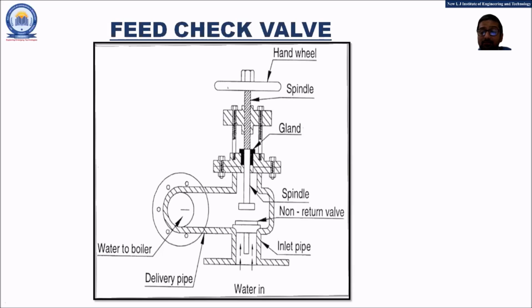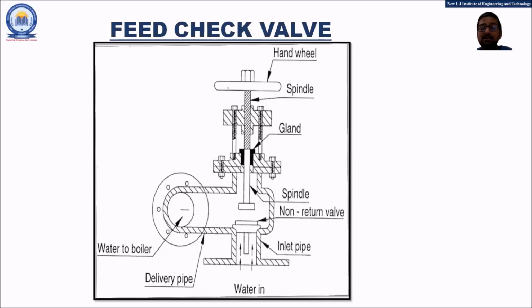The non-return valve is fitted in the inlet pipe, and on the non-return valve, the spindle supporting structure will be fitted. So the high pressurized water now cannot lift the non-return valve. Since the high pressurized water cannot lift the non-return valve, it cannot enter the boiler.